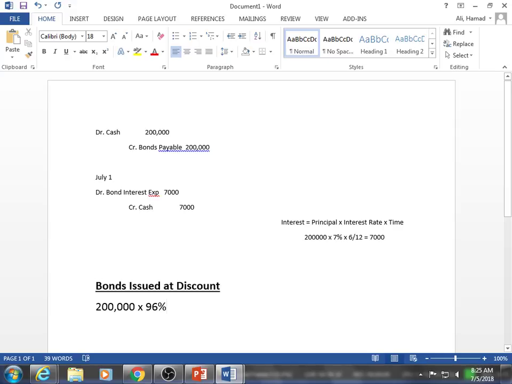That means they are getting cash less than the face value. And the reason for that is because the market interest rate is higher than the stated interest rate.